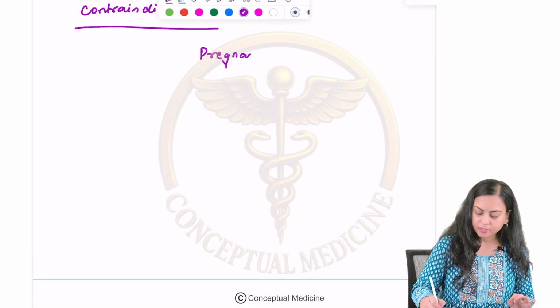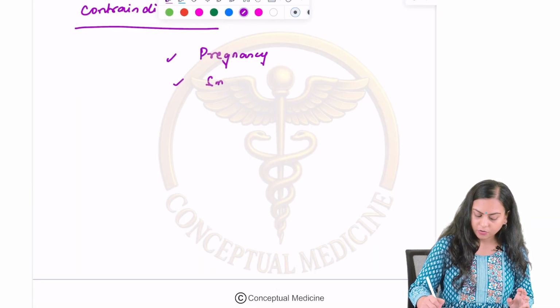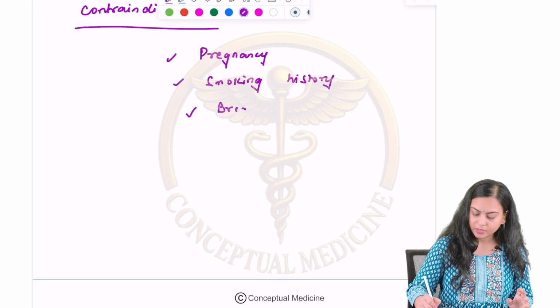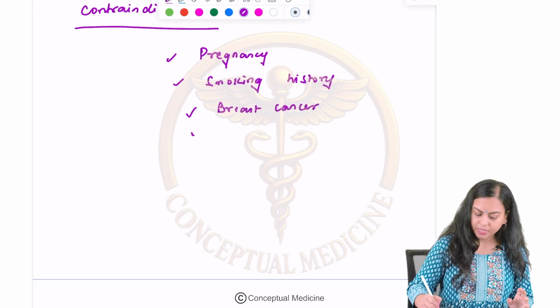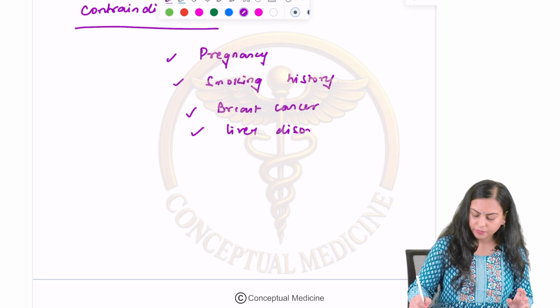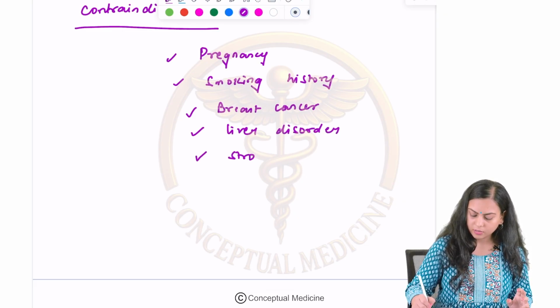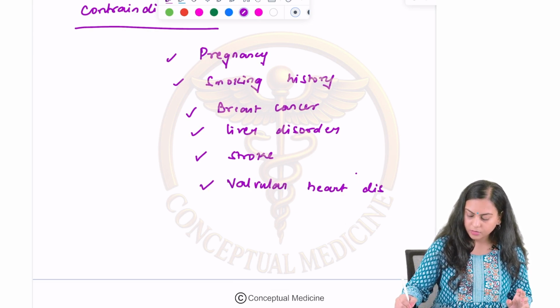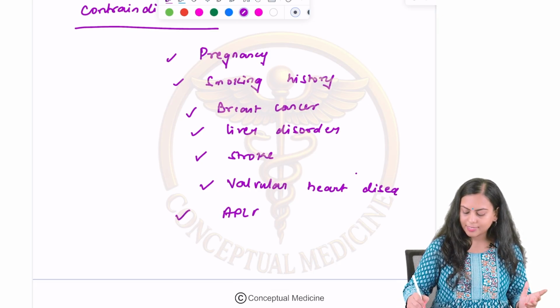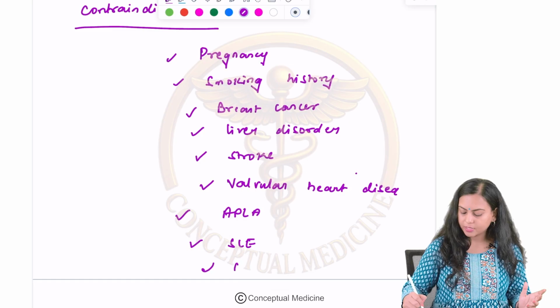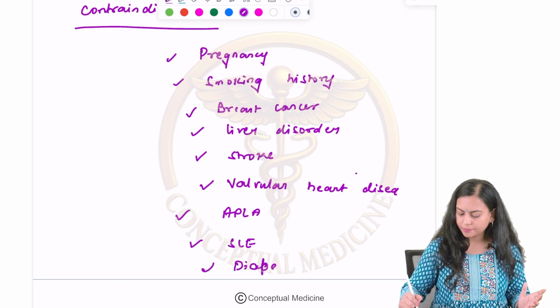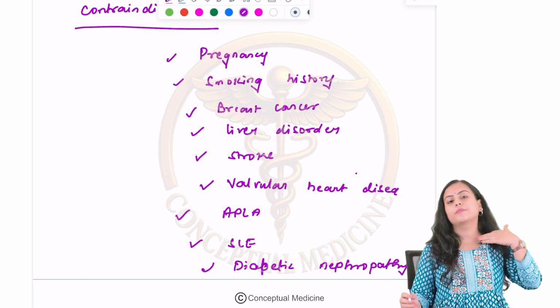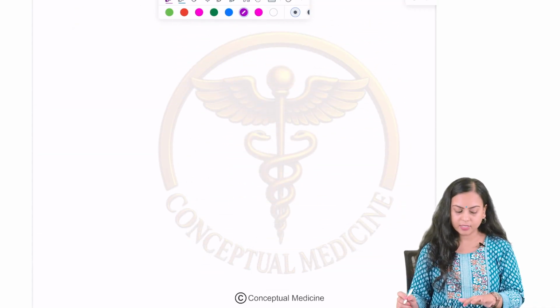It is contraindicated in pregnancy or when there is a smoking history, breast cancer history, or there is liver disorder, stroke, valvular heart disease, APLA, SLE, diabetic nephropathy, like that. Okay. So in all these cases, you have to think before giving your combined oral contraceptive pills, right?